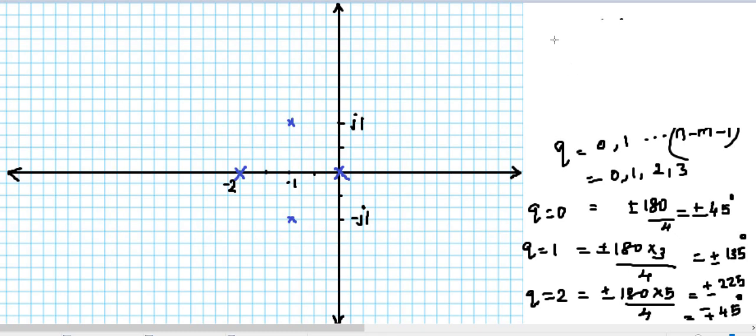Now if you write the equation for q is equal to 3, so what is q is equal to 3?